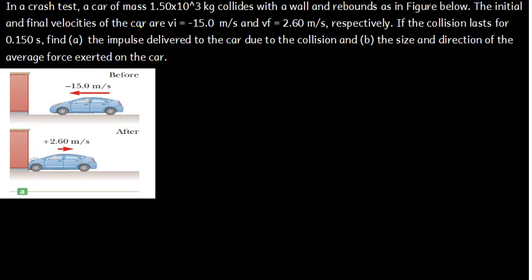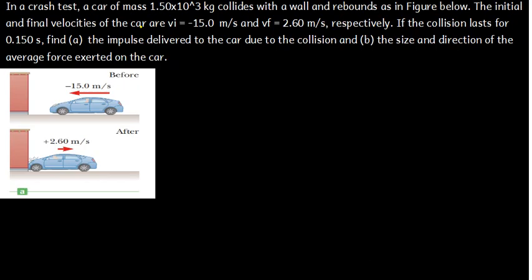The initial and the final velocity of the car are negative 15 meters per second and 2.6 meters per second respectively. If the collision lasts for 0.150 seconds, find part A, the impulse delivered to the car due to the collision, and part B, find the size and the direction of the average force exerted on the car.